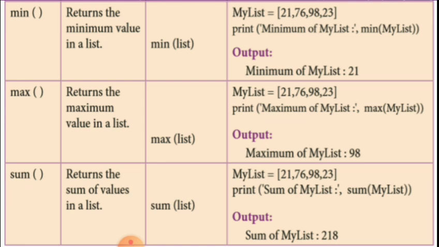We can find that, and it printed the minimum value. Same for the maximum value also. Whatever we give within our list, it finds the maximum value in that list. Then sum. The given list values will be summed together and it prints the value.